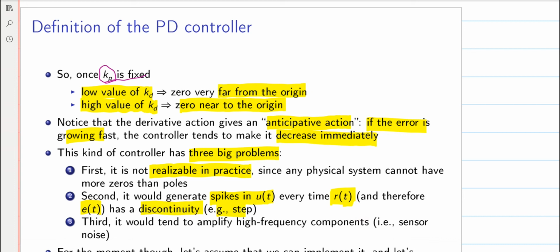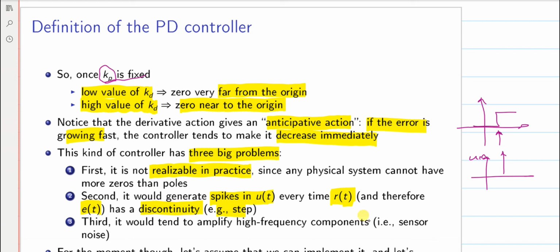So if you have a step input, let's say, once the reference signal has some discontinuity in the form of a step, since the error will also be discontinuous, and since we are taking the derivative of the error, there will be spikes for u(t) right at that moment, which is a problem, because in that case our equipment might be damaged.